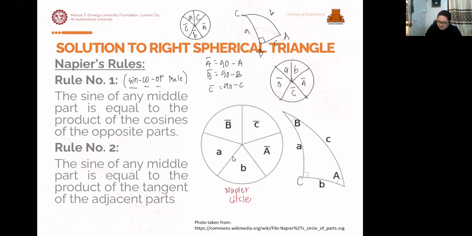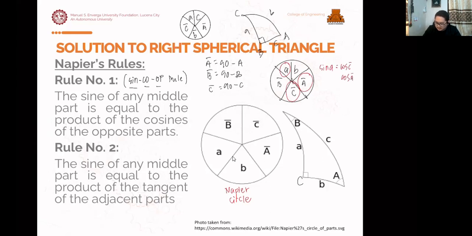So, ibig sabihin doon sa una, so let's say, ang given natin is si side A, tapos itong dalawang side na to. Okay? So, to get yung side A natin, okay, so that will be sine of A is equals to cosine of bar C and cosine of bar B.